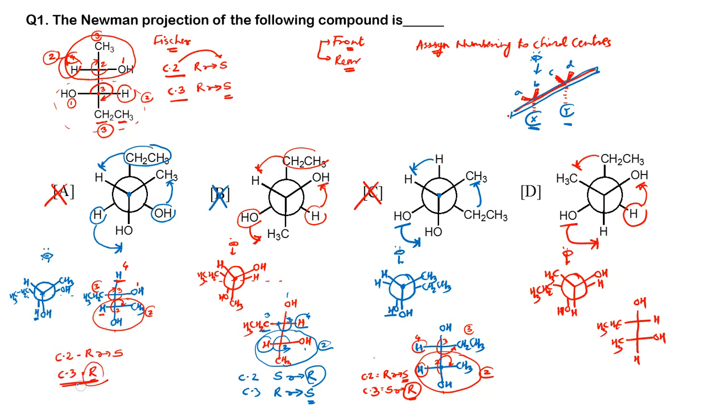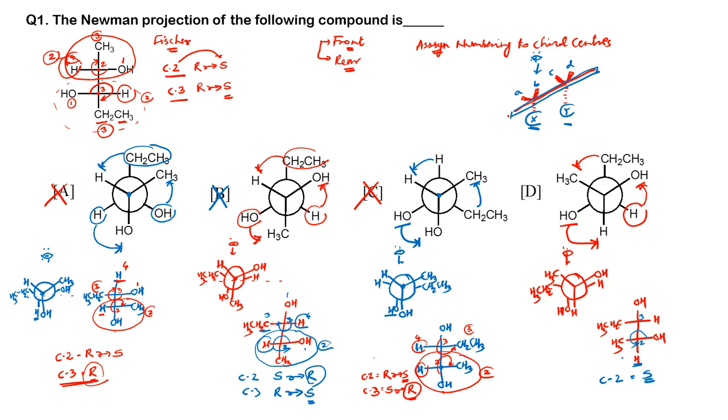So in this case again we'll give the numbering, that is C2 and C3. So in this case OH will be 1. This group, since carbon is attached with the oxygen and carbon, will get the second priority and CH3 will be the fourth. So this will move in anti-clockwise direction and hydrogen is already away from observer, so C2 will be S configuration.